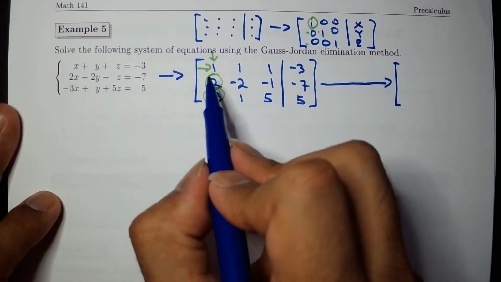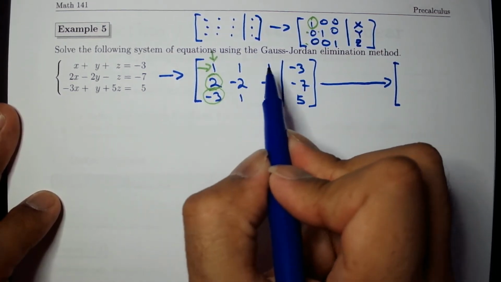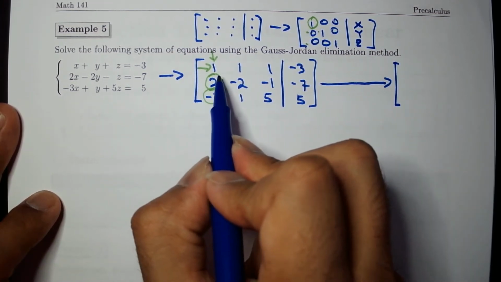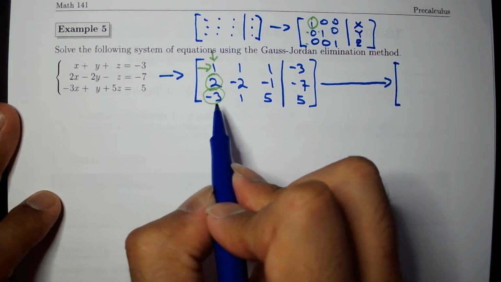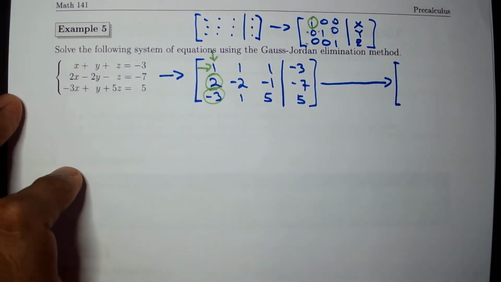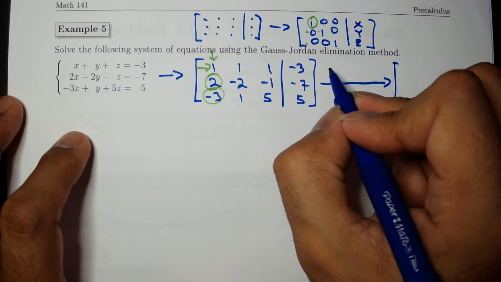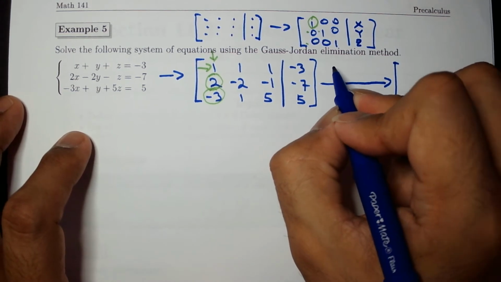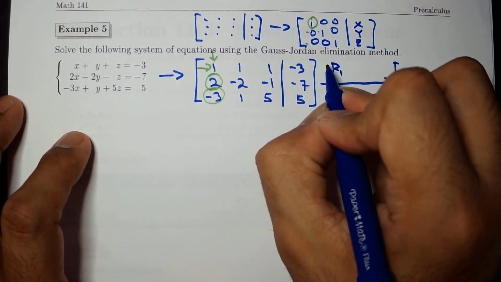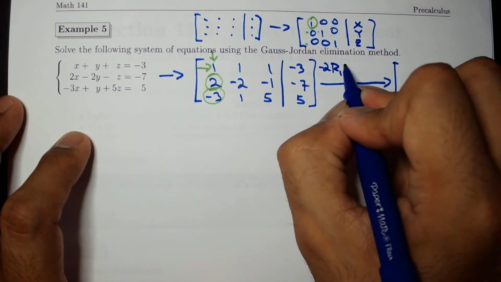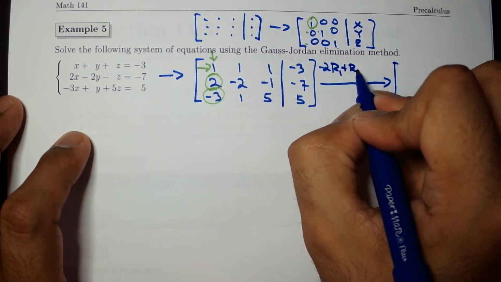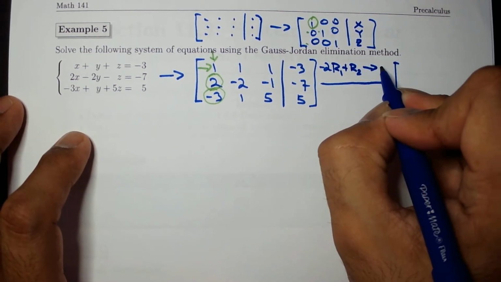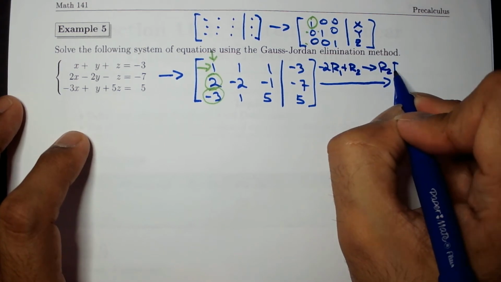So what we do is multiply the first row by the opposite of this coefficient. In other words, the first row times negative 2 plus the second row to obtain a new second row.